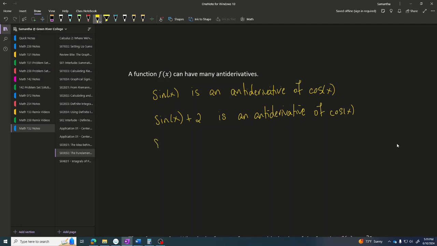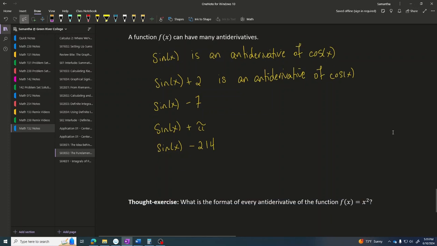The same thing would be true of sine of x minus 7, sine of x plus pi, and sine of x minus 214. No matter what number we add or subtract, it doesn't matter, because when we take the derivative, that constant will go to 0, and we will still get back the function cosine.